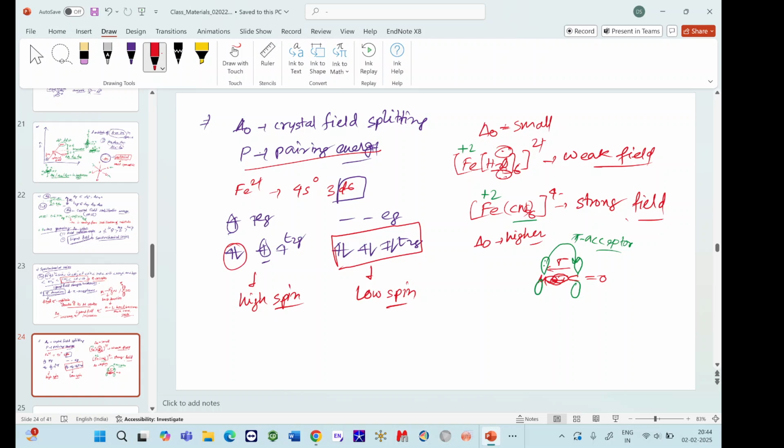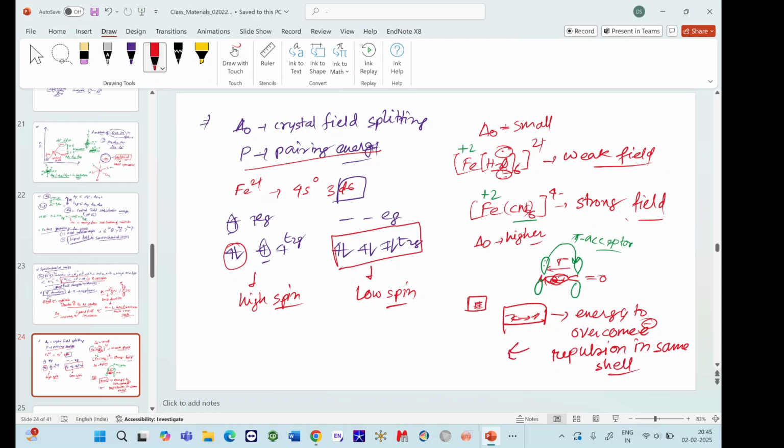So you can see when electrons get paired in one orbital, if two electrons are there, it will have repulsion, right? Always it will have repulsion. To overcome this repulsion, we have to give some energy to overcome electron repulsion in the same shell.